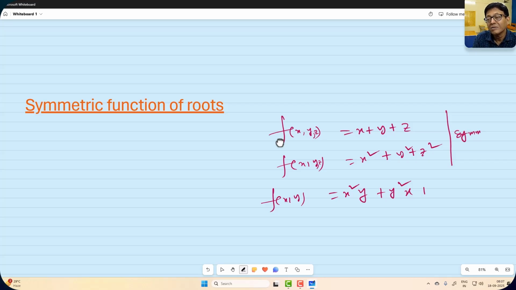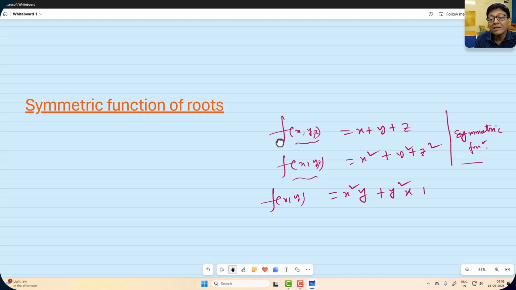Why are they called symmetric functions? It is because if you interchange any two of them, x and y, or y and z, or z and x, the expression will remain the same. It is called a symmetric function in three variables.